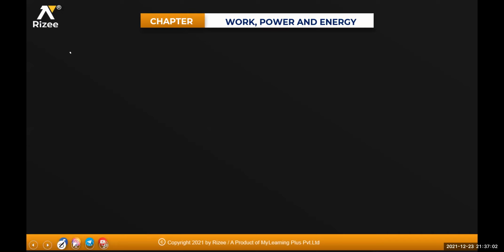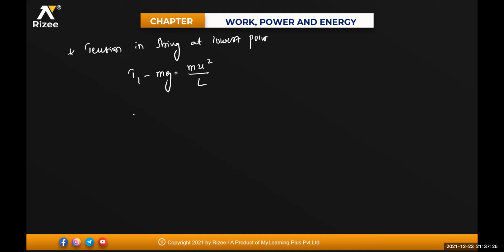Now the tension in the string at the lowest position will be equal to how much, beta? What is the relation? T1 minus m into g is equal to m into u square divided by L. That means T1 will be equal to m into u square divided by L plus m into g.